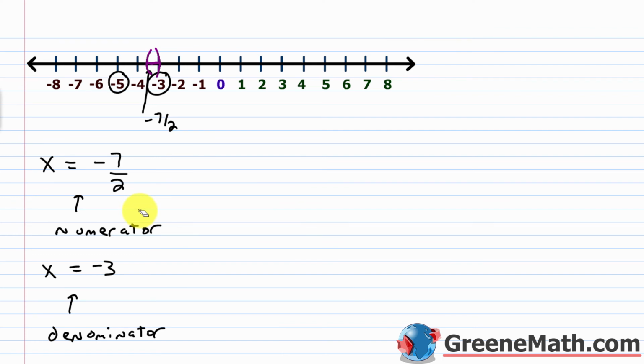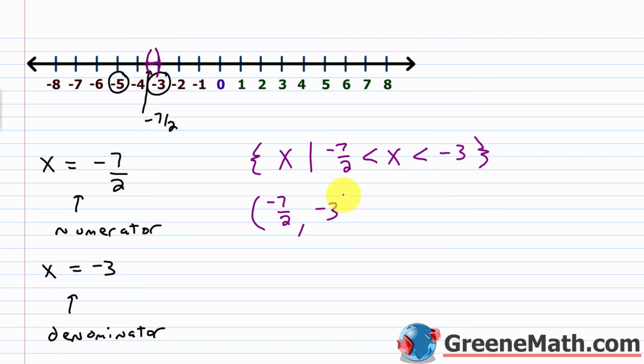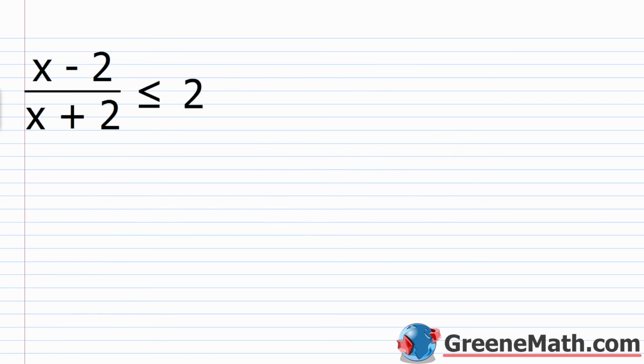And we can say that in solution set notation, we can say the set of all x such that x is greater than -7/2 and x is less than -3. And then lastly, if we were to use interval notation, put a parenthesis, -7/2, comma, you would have -3, and then a parenthesis. All right, pretty easy overall.